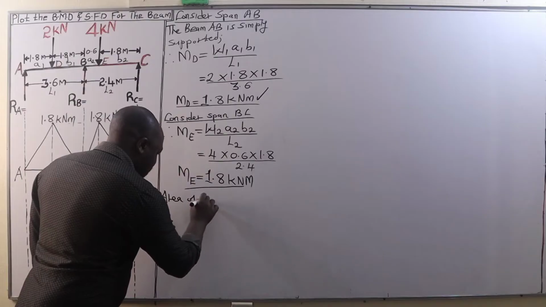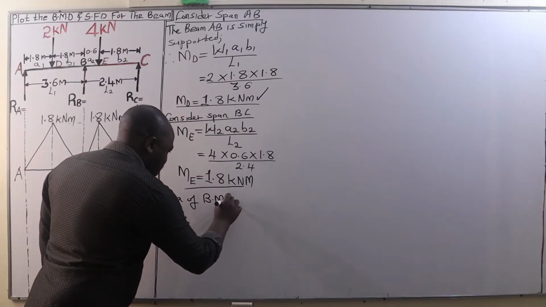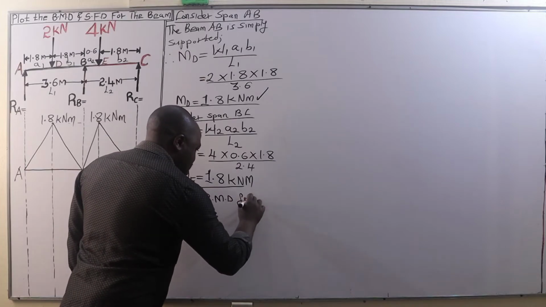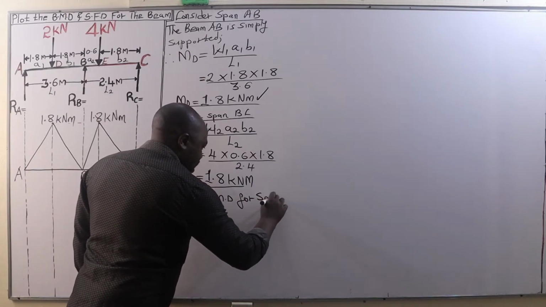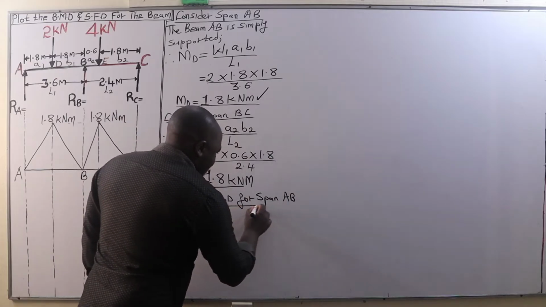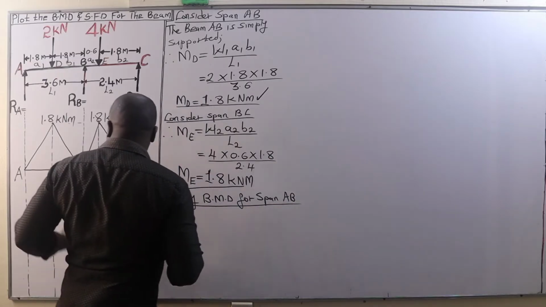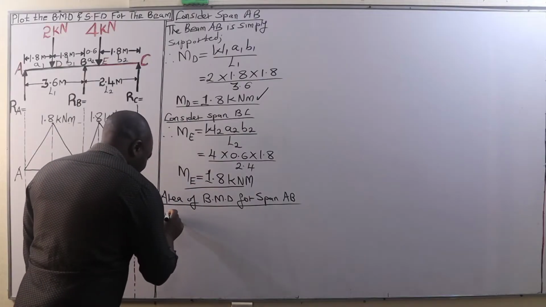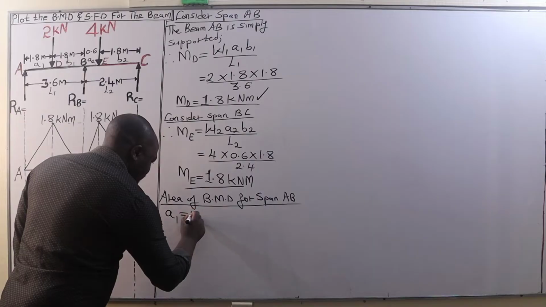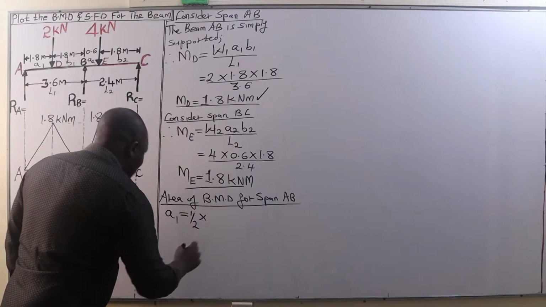Area of the bending moment diagram for span AB. The area of this triangle, that is A1, will be given by a half multiplied by the base.